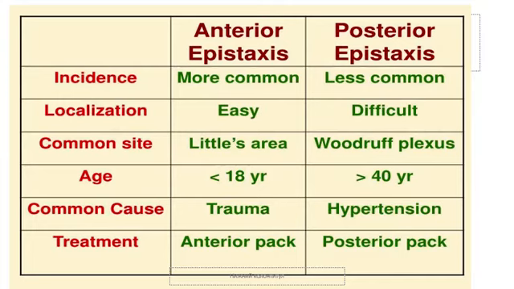In the table, we can see the difference between anterior and posterior epistaxis. The incidence of anterior epistaxis is more common compared with posterior epistaxis. The localization is more approachable, easier in anterior than posterior epistaxis.